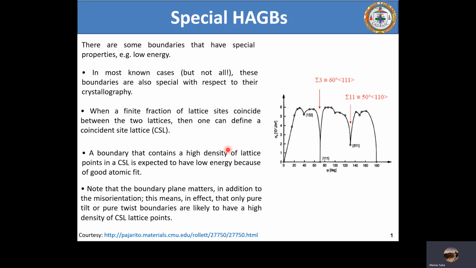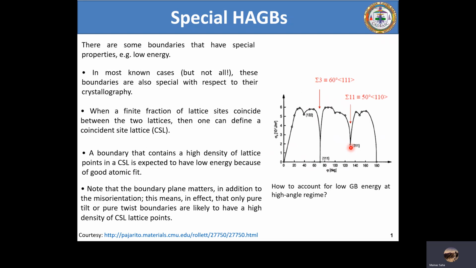So now let's move on to the next part. I hope these things we have understood. But now, how do we account for the low boundary energy at the high angle regime? Of course, what we are saying is that we have a good atomic fit, but exactly what is happening? If you look at the data points, there are very discrete data points where there is a sudden dip in the grain boundary energy.